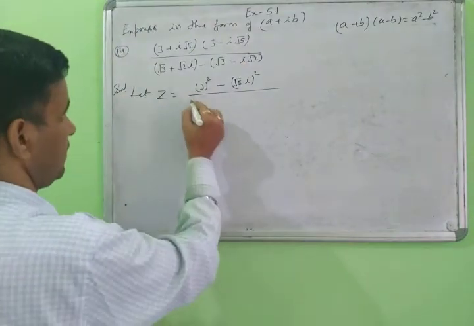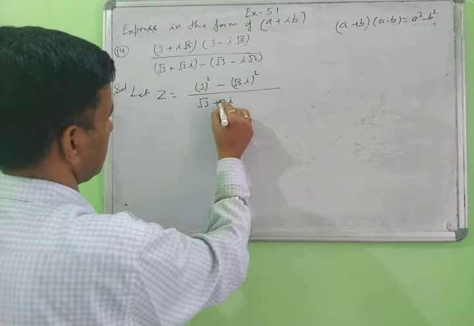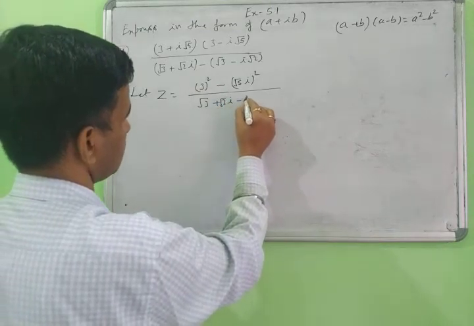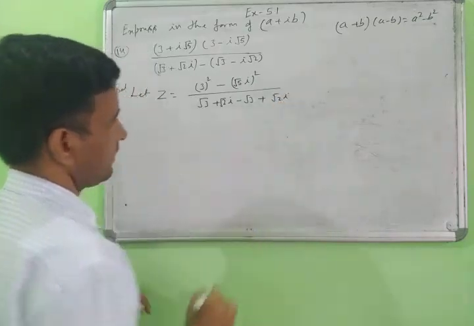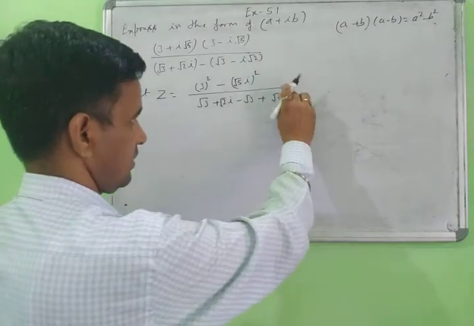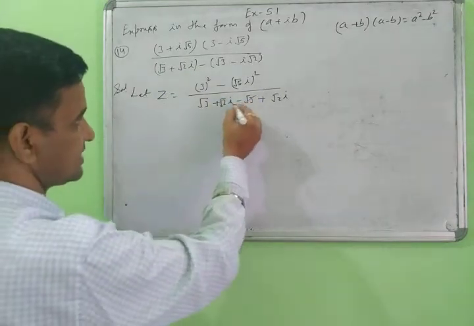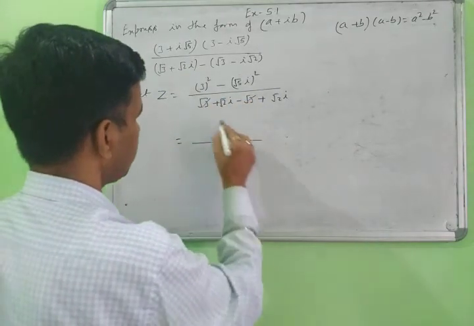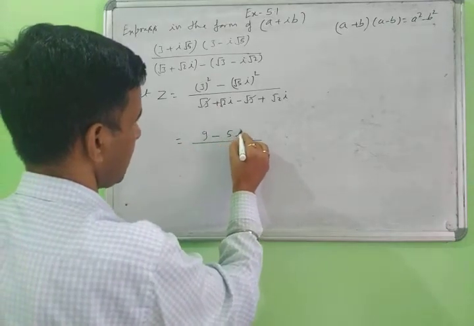Next, you remove the brackets in the denominator: 2 root 2 iota minus root 3, and minus plus root 2 iota, so this will be cancelled. What is left here? 3 square, 9, minus root 5 square, 5, and here iota square.